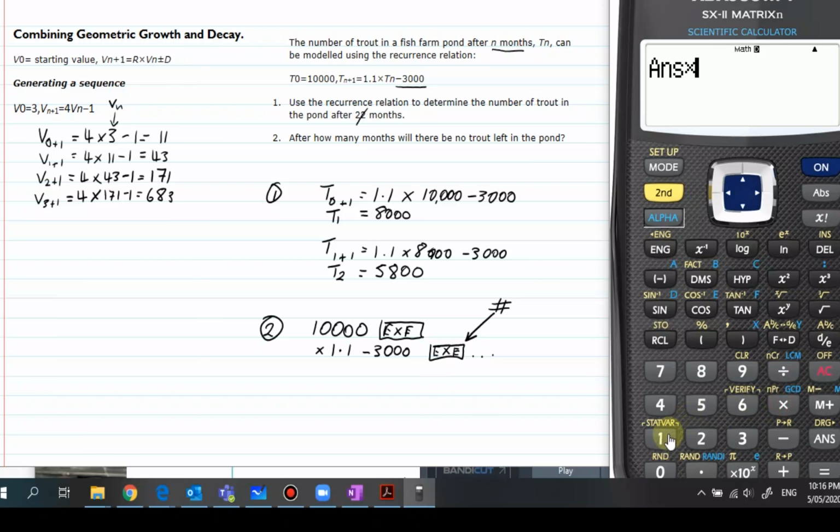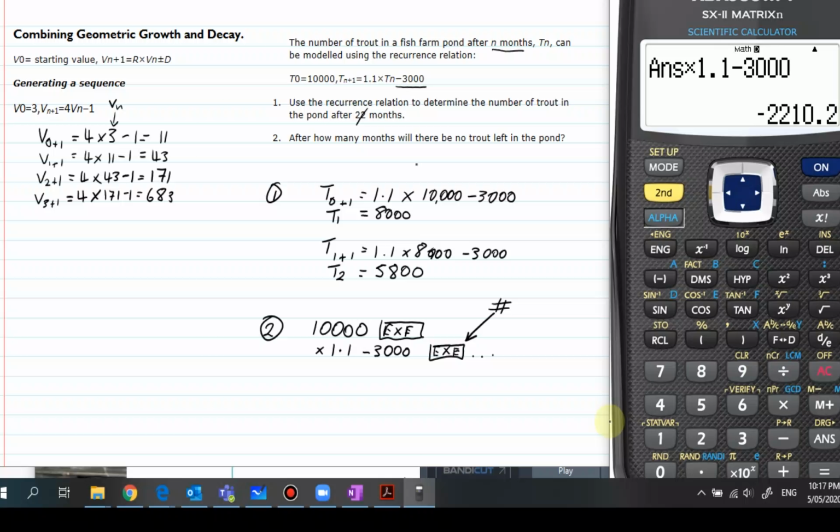Then we multiply that by 1.1 and subtract 3,000 every time, and hit equals. So that's 1, 2, 3, 4, 5. We get 5 times before it goes under.